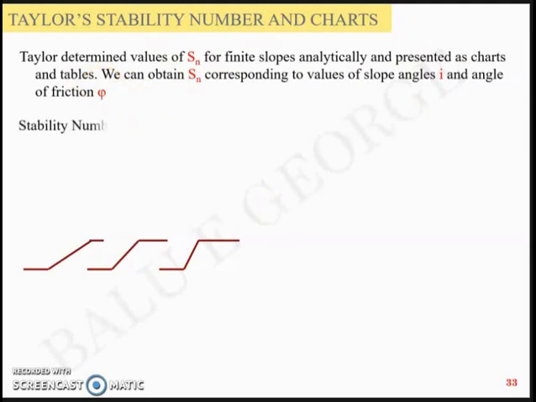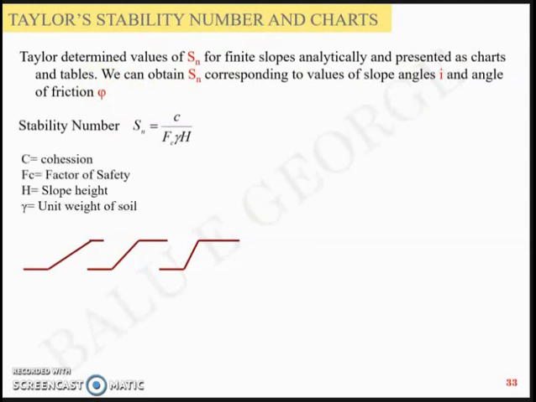Stability number is equal to C by Fc gamma h. The terms are described here. C is the cohesion, Fc is the factor of safety, h is the height of the slope, gamma is the unit weight of the soil.